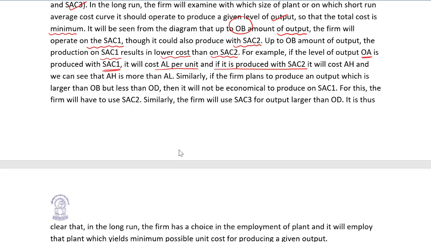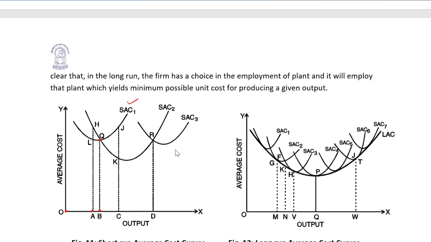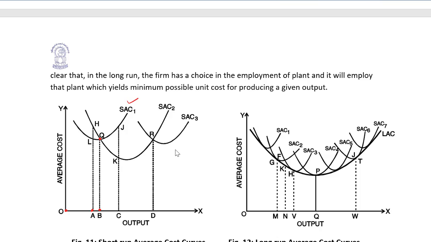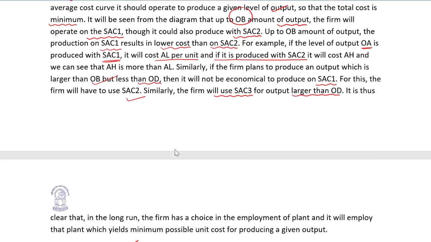Similarly, if the firm plans to produce an output which is larger than OP but less than OD, then it will not be economical to produce on SAC1. For this, the firm will have to use SAC2, and similarly, the firm will use SAC3 for output larger than OD, and not SAC2, because at SAC2 the average cost is rising, while at SAC3 the average cost is still falling.